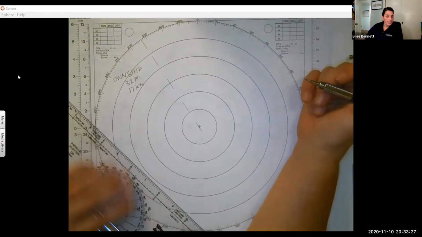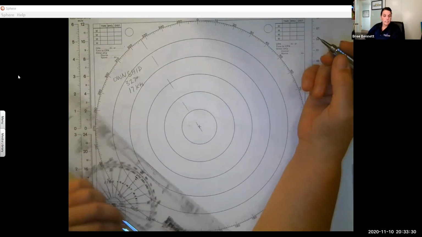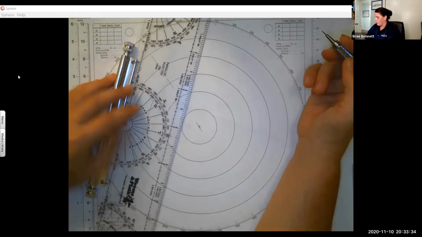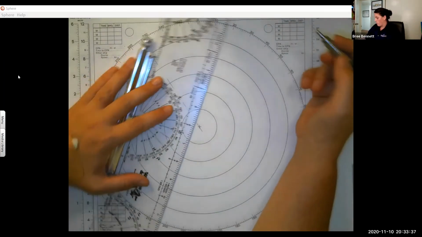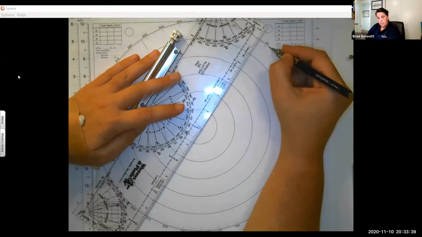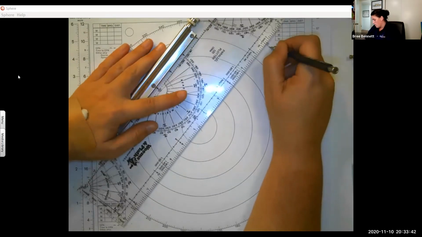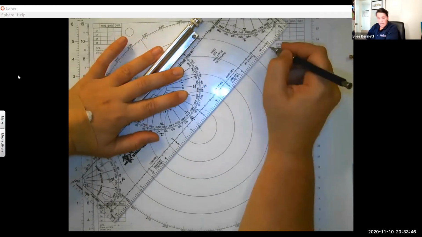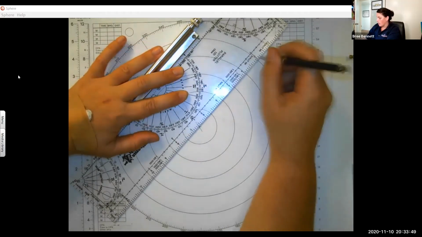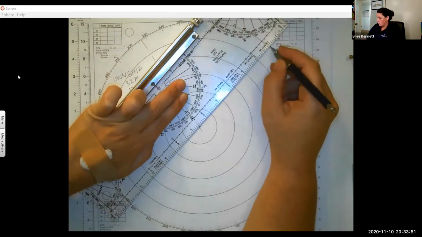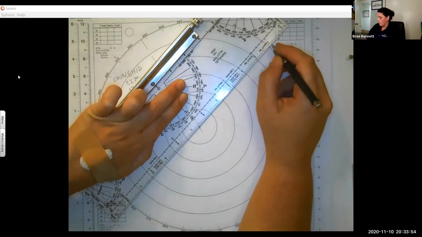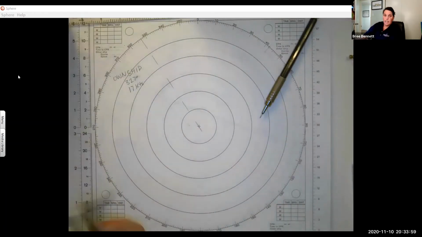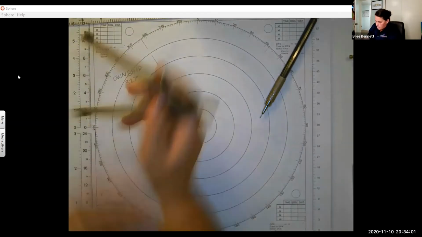And then at 10:23, we sight a target at 042 at 11.4 miles. So 042 right there. At what did I say? 11.4. So if this is 10 and this is 12, I'm going to be somewhere over there. So I'll get 11.4 on my dividers here.